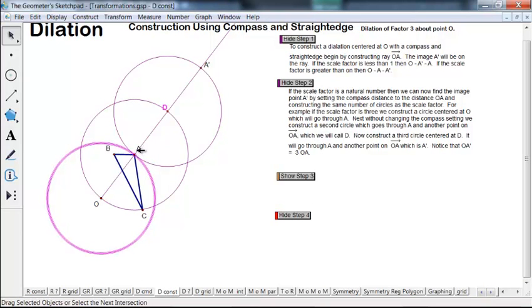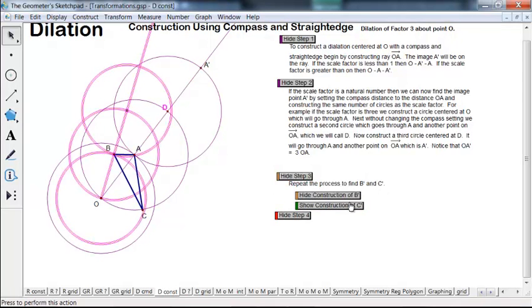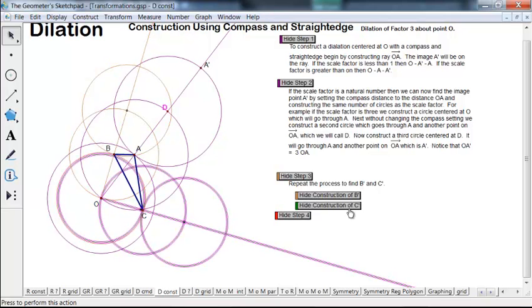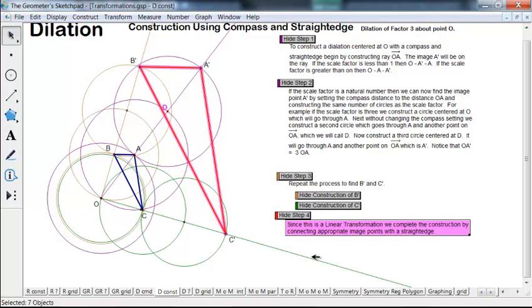Then from there, move the center out here, make a little piece of this circle to find point D. And all we need is a little mark right there. And then another one back here, and a little mark there. Notice that all 3 of those have the same radius, the same as the distance OA. So the distance from O to A prime is 3 times as much. And now we have A prime. And we could do the same thing for B and for C and connect up our final points there.